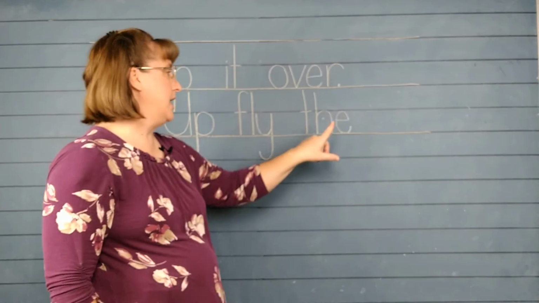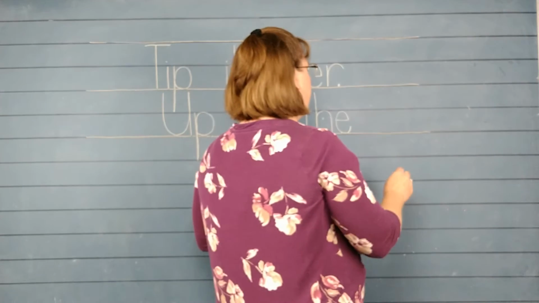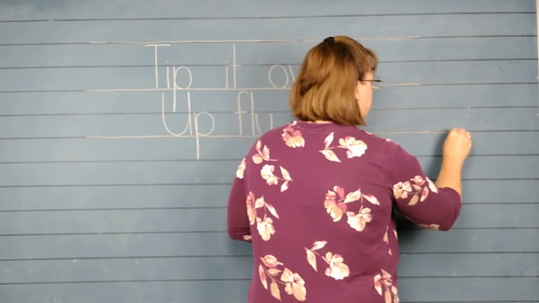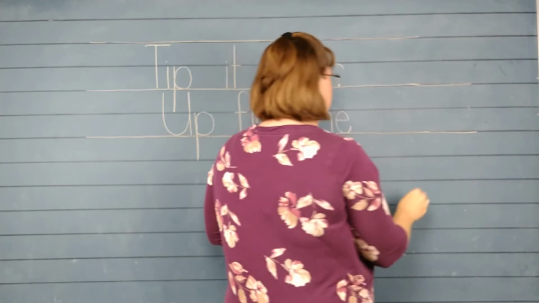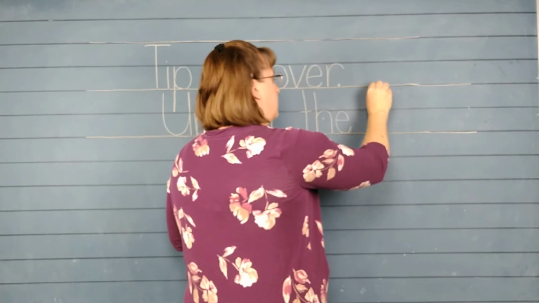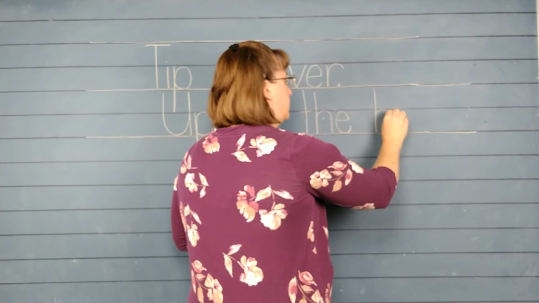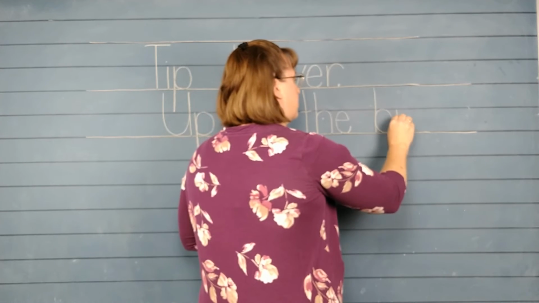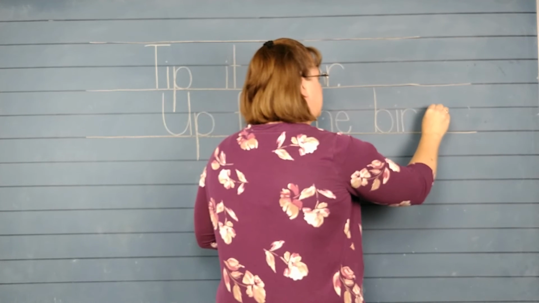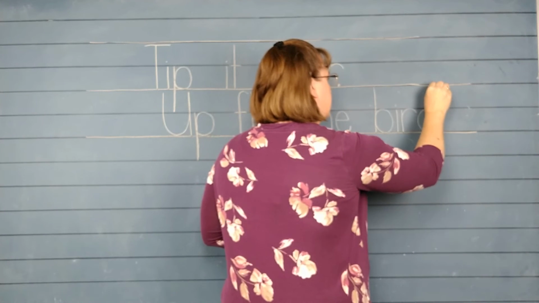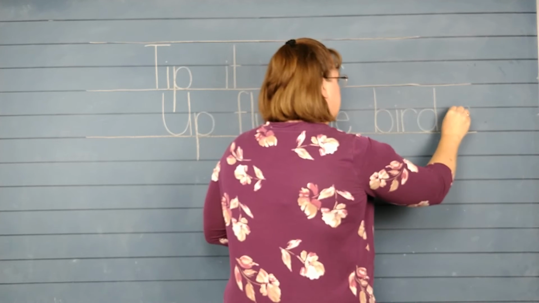We're going to make a space of one round letter, and it looks like I need some more space. If you run out of space on your paper, you can always go down to the next line.